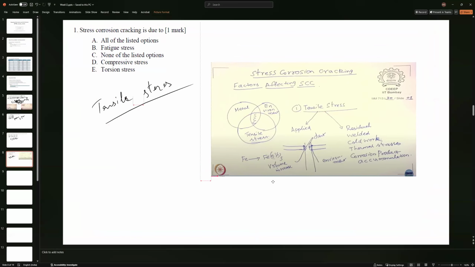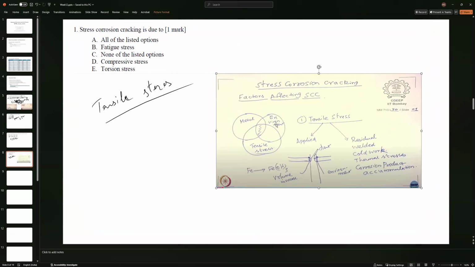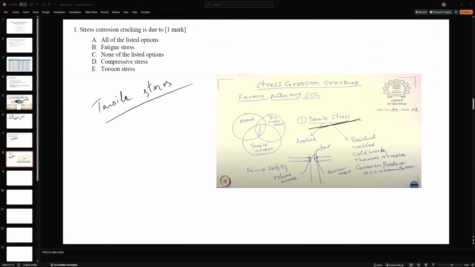Verbally, he has said many times in the transcript you can find. But yeah, this is a condition that you need tensile stress. I think he also mentioned required.